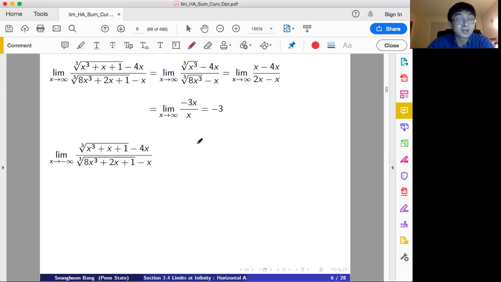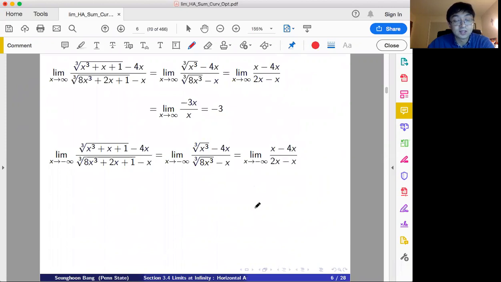x value approaching minus infinity, the same method. You have to ignore lower terms, but like this, the same. x value approaching minus infinity, it doesn't matter. So this is the same as just x, not the absolute value of x. This is the same as only 2x.